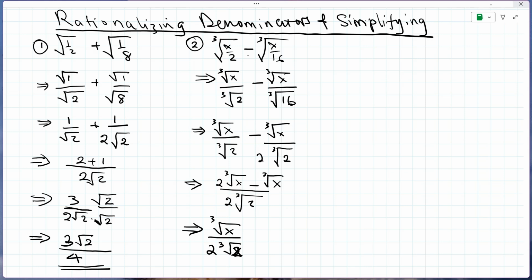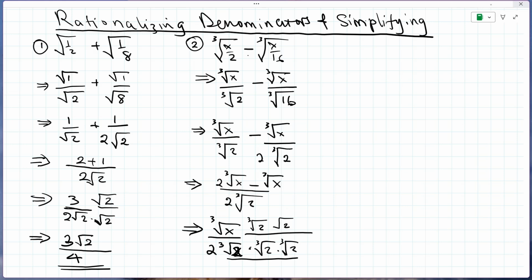And we can only get rid of that cube root 2 by multiplying the denominator by cube root of 2 and another cube root of 2, so that when you multiply these three, we get a 2. And what you do to one part of a fraction, you must do to the other. So we also have to multiply the top by cube root of 2 and then cube root of 2.